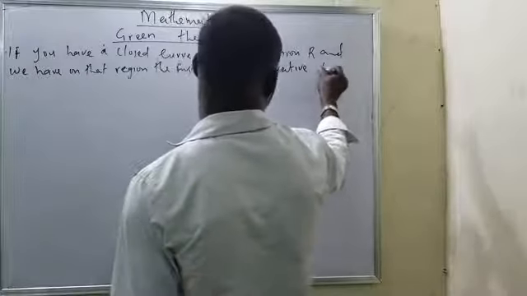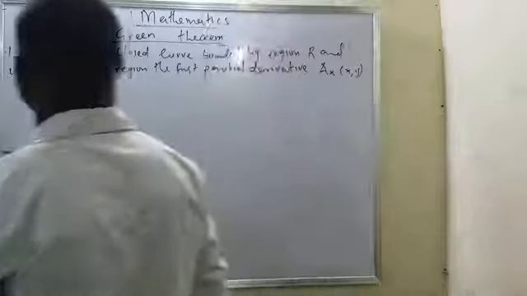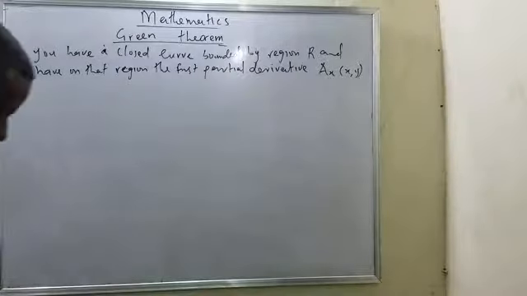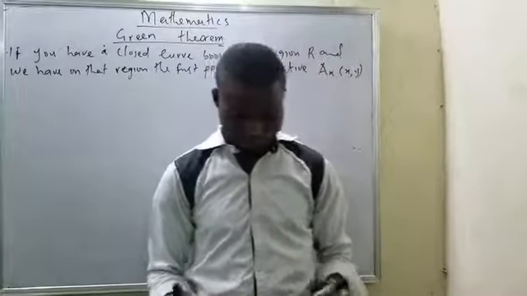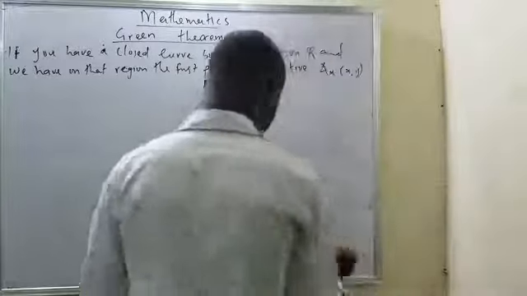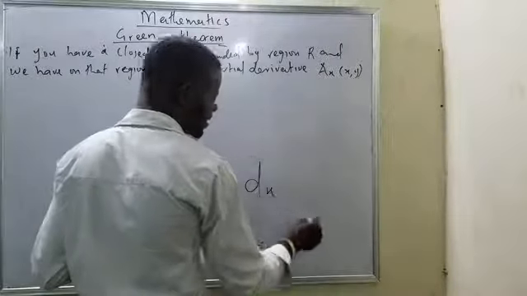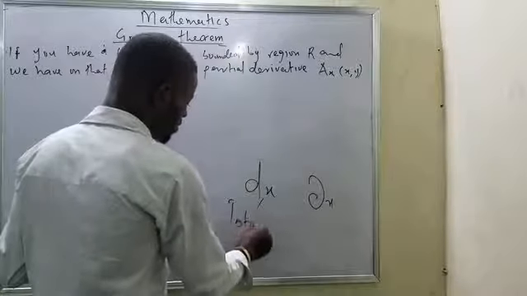of x comma y. Now, please, I've not done anything on partial derivatives. We have total derivative and partial derivative. Please take note of that. This is total, this is partial.